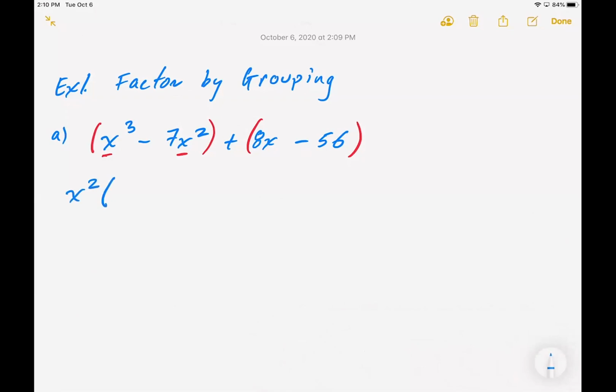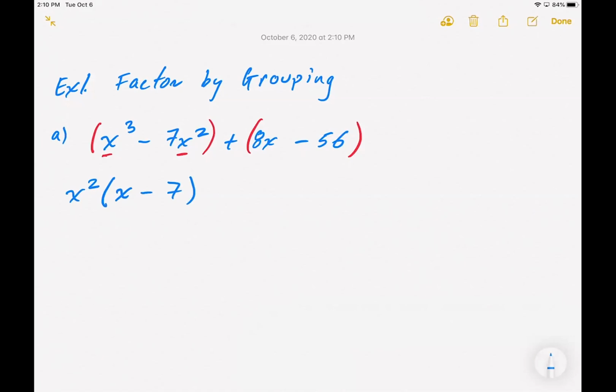And if I took out x to the second, basically, if I have x to the third and I took out two of them, x to the second, do you agree that I have one x left? And if I took out x to the second, the other item I only have is the 7, right?